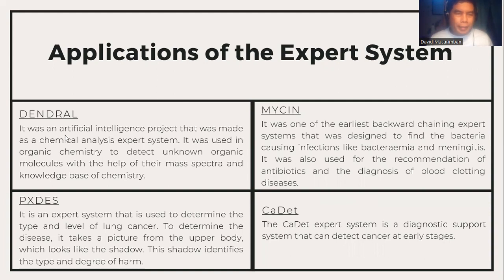So it was an artificial intelligence project that was made as a chemical analysis expert system. It was used in organic chemistry to detect unknown organic molecules with the help of their mass spectra and knowledge-based chemistry.